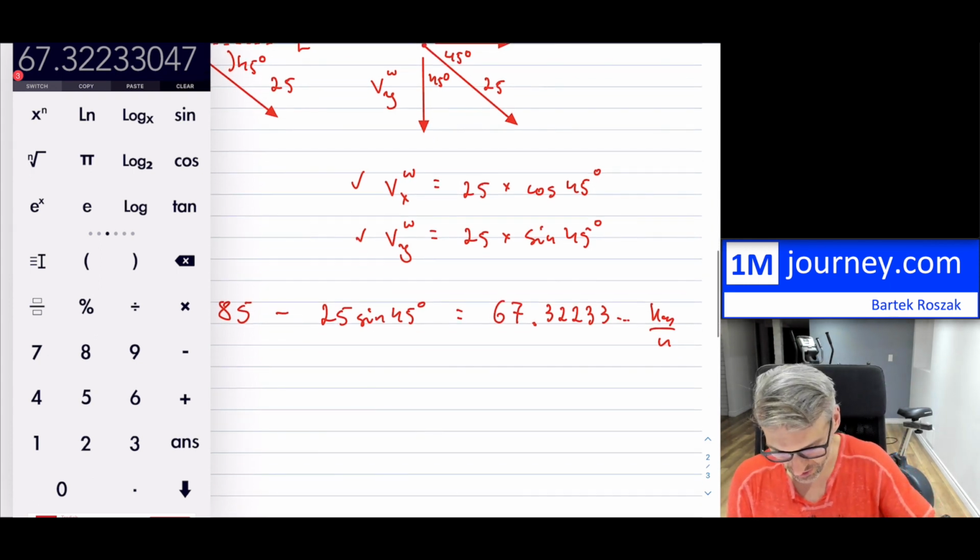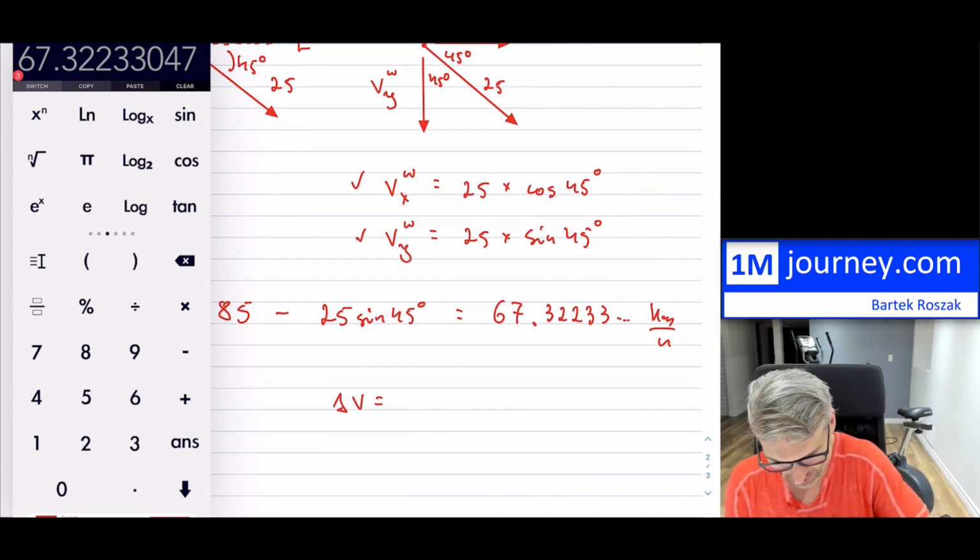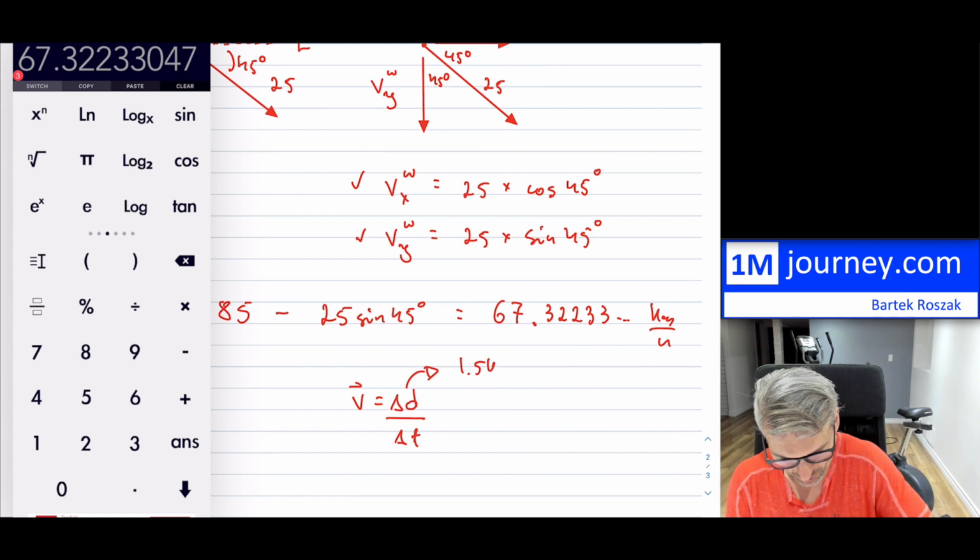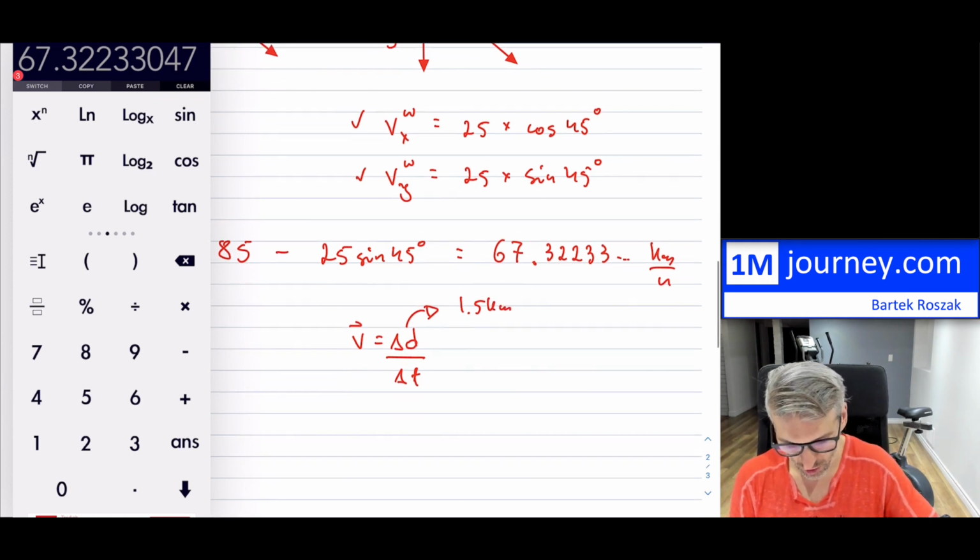It's asking us for time, so that is no different. Sorry, this is for the velocity, which is the displacement over delta t. This is still 1.5 kilometers, but now we're going slower.